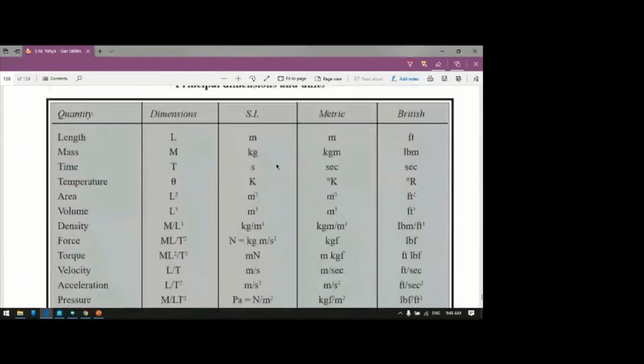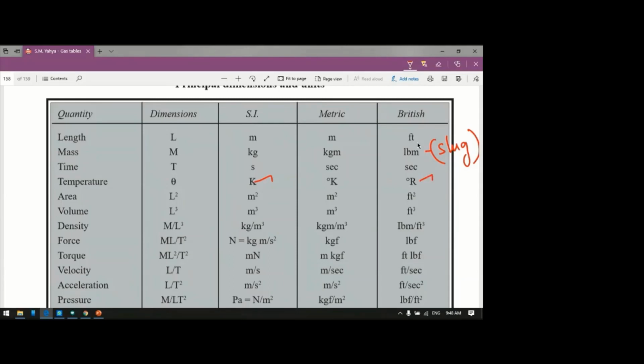So here they used SI unit and British unit. Instead of meter, they are using feet. Instead of kg, they are using LBM or slug. Mostly they will use slug. And instead of Kelvin, they are using Rankine.